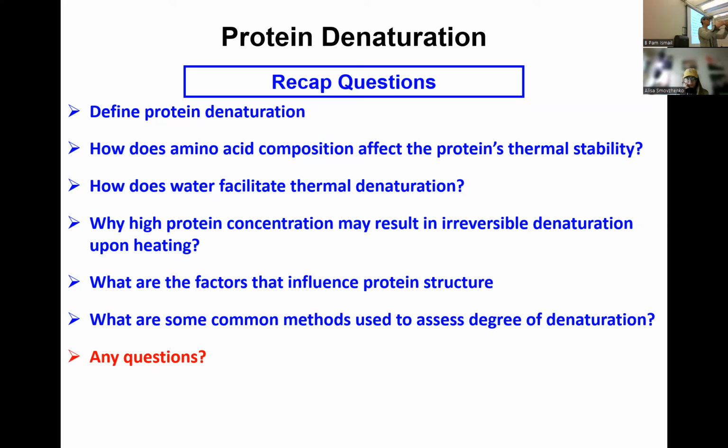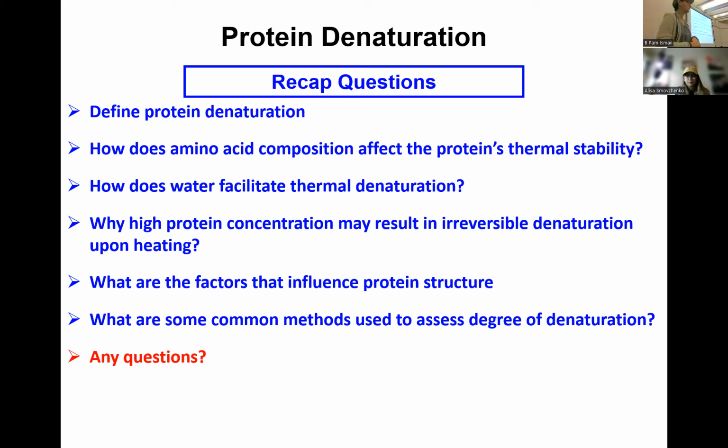This shorter distance allows attractive forces to act better. Once those attractive forces become stronger because they are in near proximity, they can form polymers. And when you form polymers, it can be irreversible, especially if it's disulfide linkages. That would be irreversible denaturation.